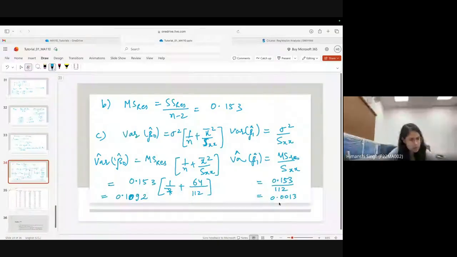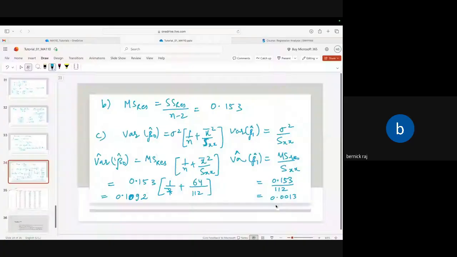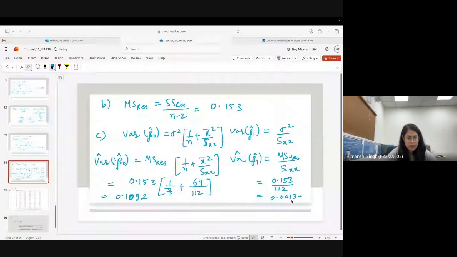Someone is answering 1.366. Let me calculate it. 1.366 is not correct. 0.0013 is correct because the numerator is very small and the denominator is large, so the quantity will be very small. 1.36 cannot be.